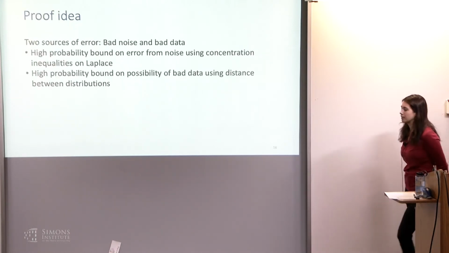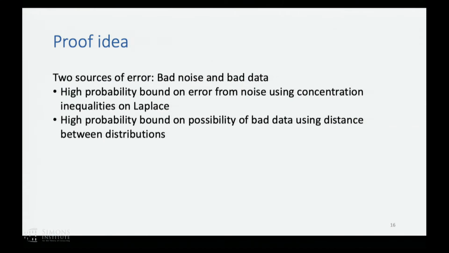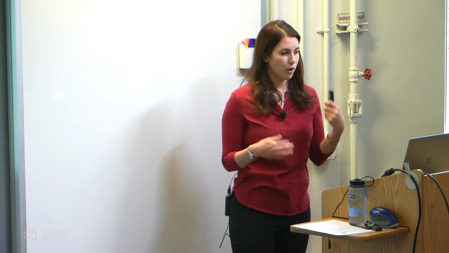And the proof idea, kind of in one paragraph, is that there are really two things that can possibly go wrong. I might have bad noise and I might have bad data. By bad noise and bad data, I really mean draws from the underlying randomness that will cause me to think that a change point was at some time other than within this alpha window of the true change.